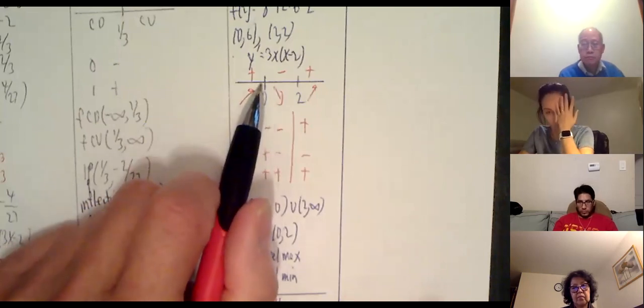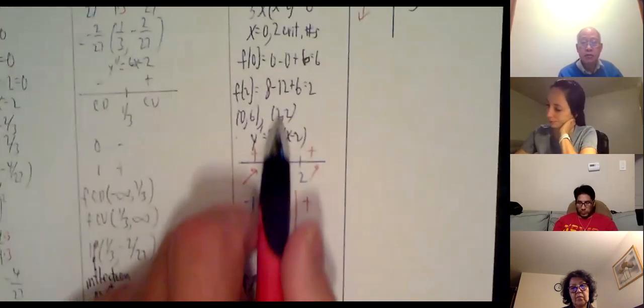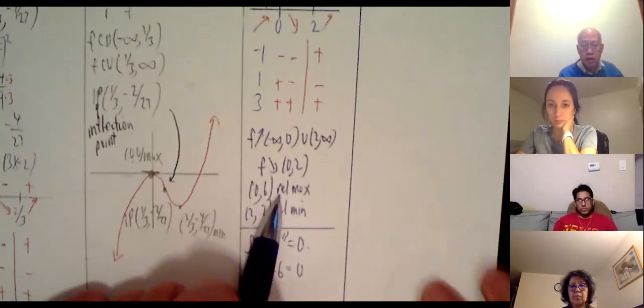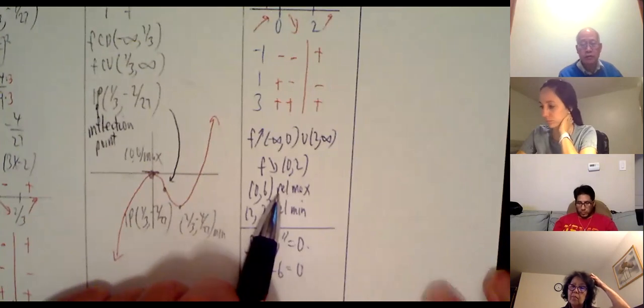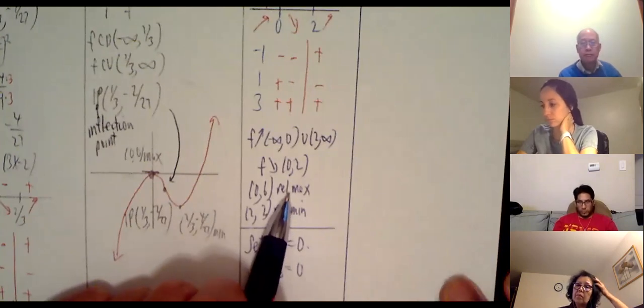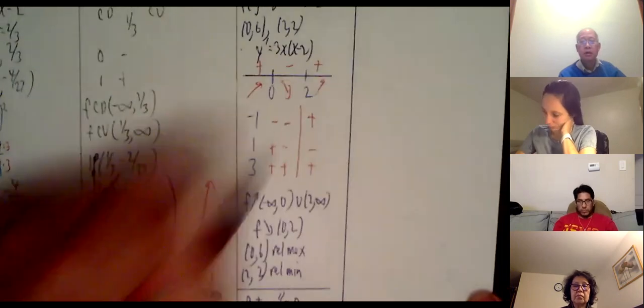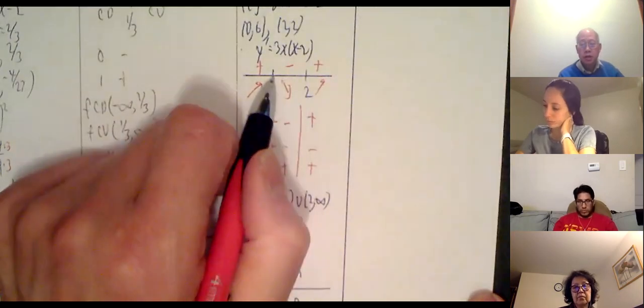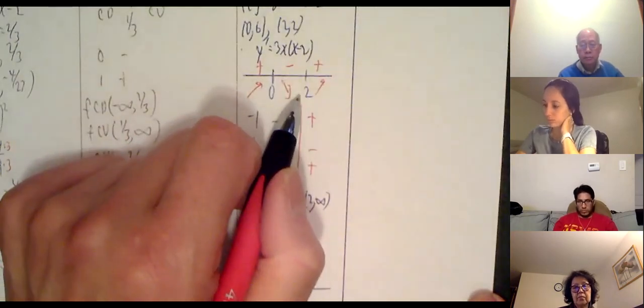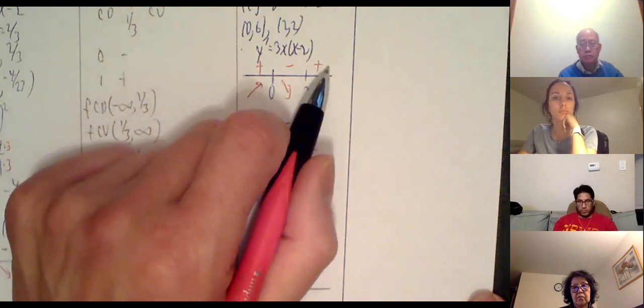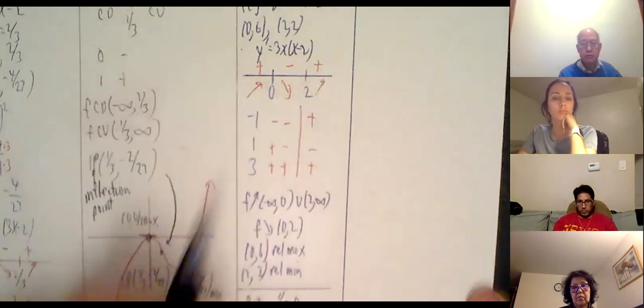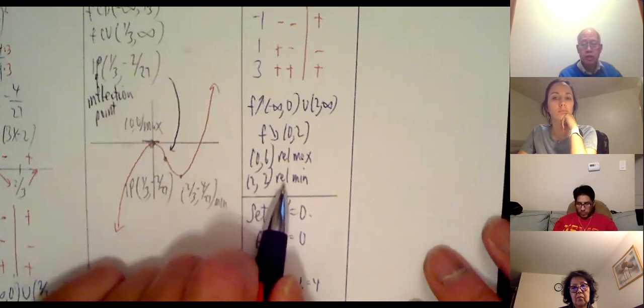You reach the maximum. So when x is 0, the point (0, 6) is going to be a relative maximum. REL stands for relative maximum. How about 2? You walk down, and then you walk back up. You reach the minimum. You bottomed out. So (2, 2) is a relative minimum.